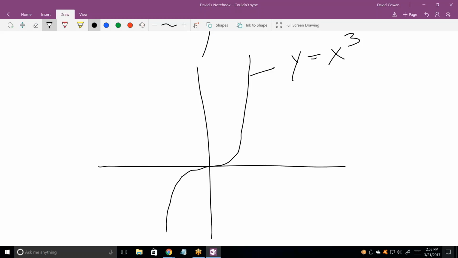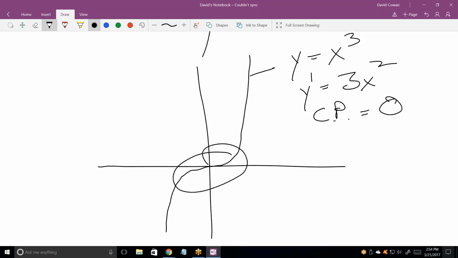What's its derivative? 3x squared. What are the critical points? 0. Yep, that's it. Now, notice that this is neither a maximum nor a minimum. Well, what's the second derivative? Let's apply the second derivative test, which I prefer.